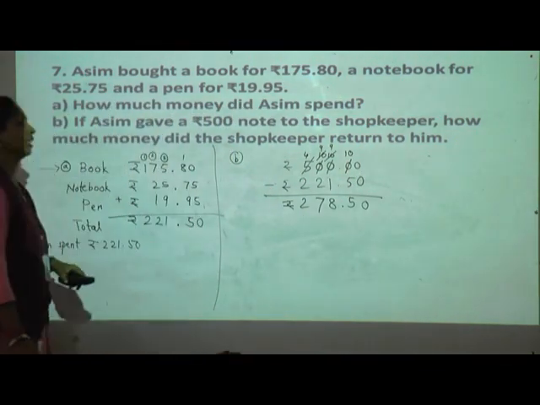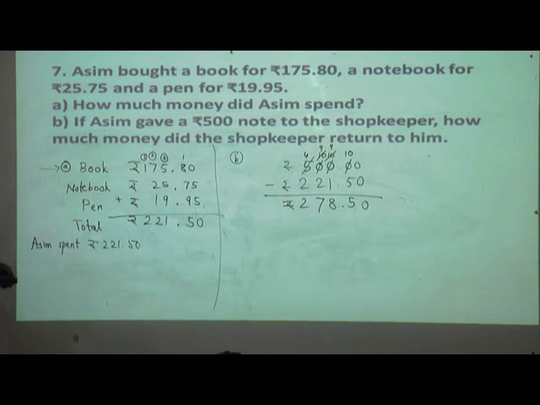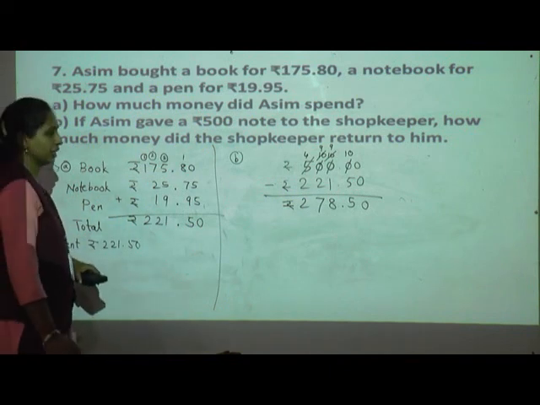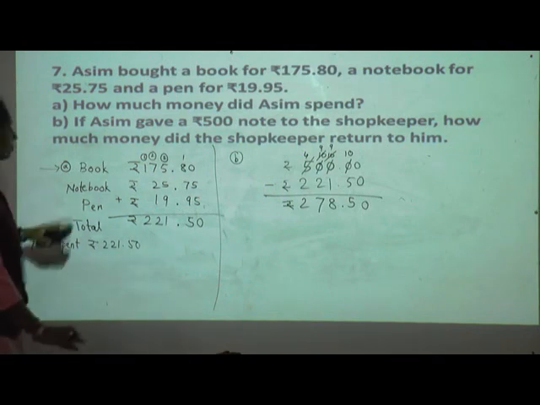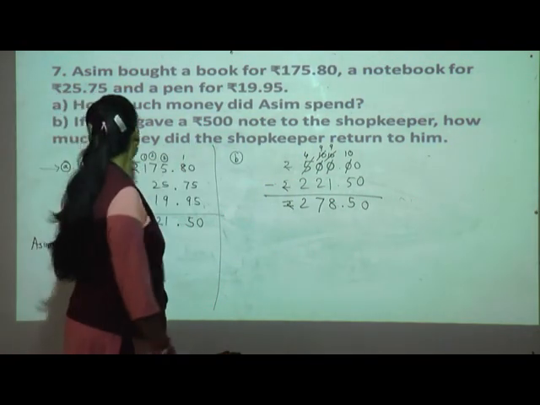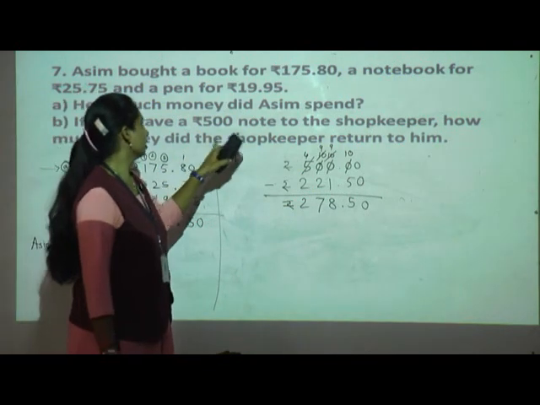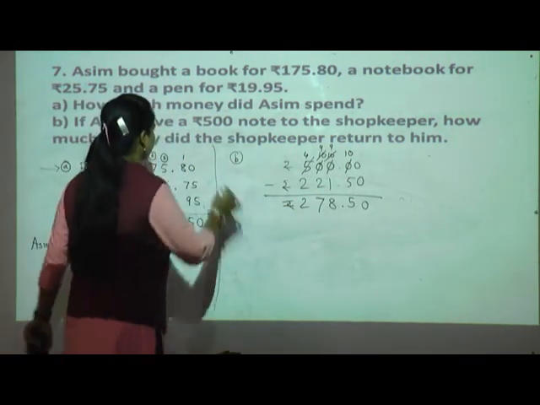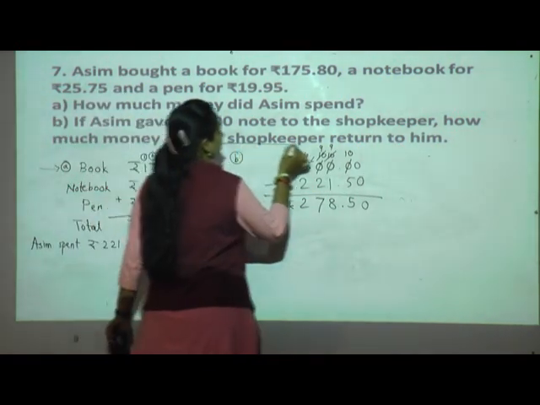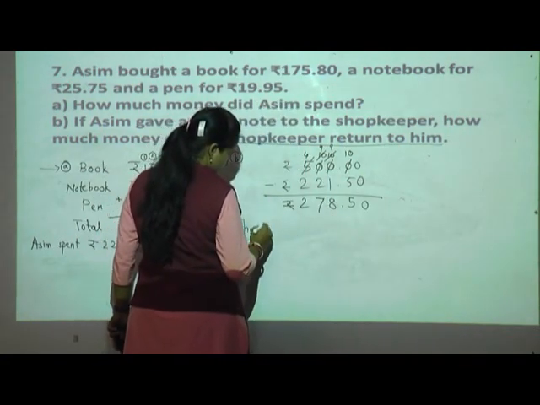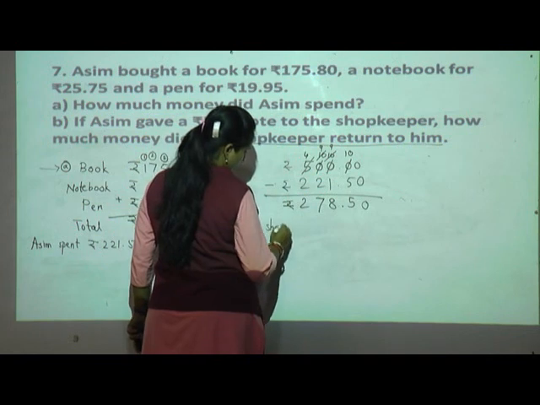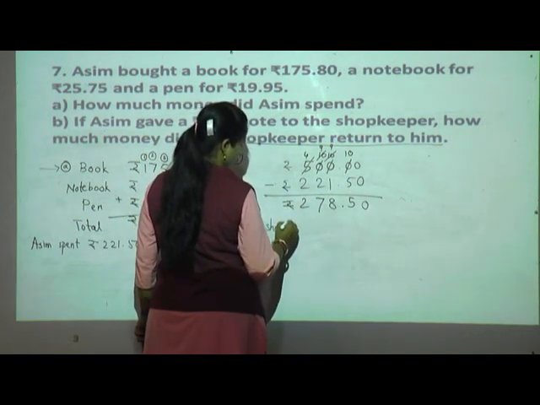So how much money will he get returned from the shopkeeper? 278.50 paise, isn't it? So how will you write? How much money did the shopkeeper return to him? So from here, the shopkeeper returned to him, meaning who? Asim. You can write in that way also.